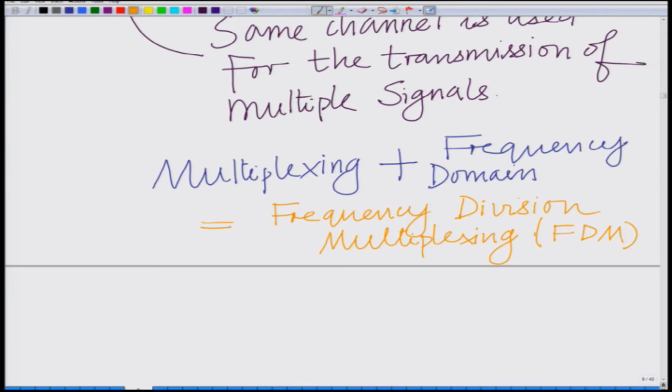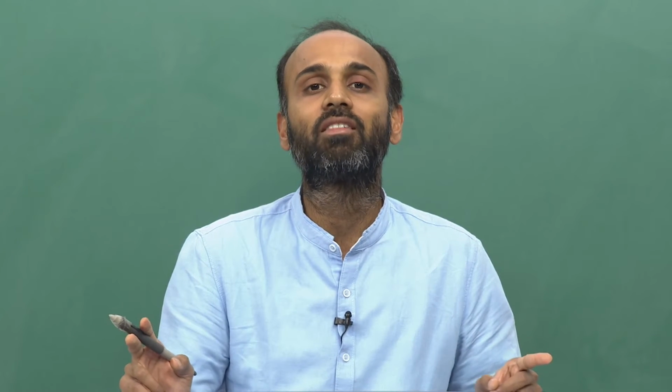When a large number of signals are multiplexed in the frequency domain, that is they are separated by different frequencies, that becomes frequency division multiplexing.